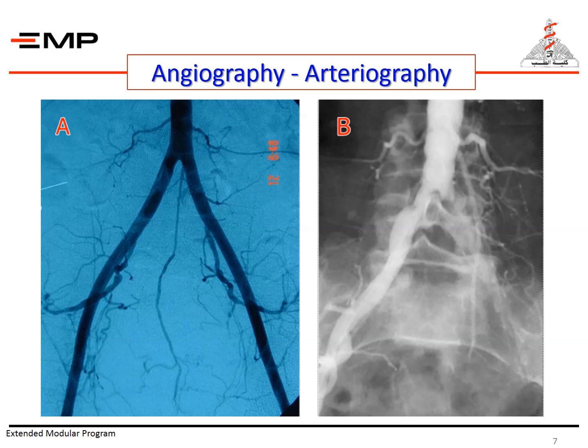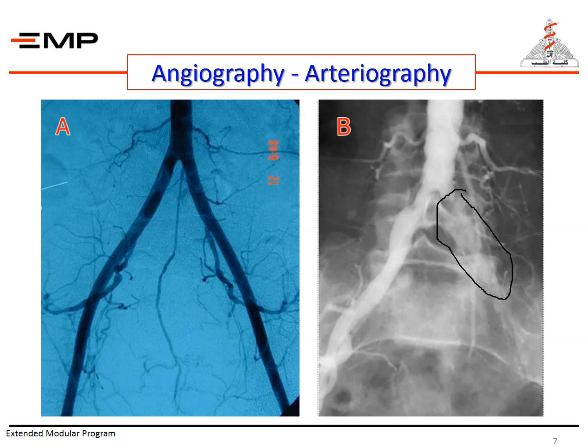Picture A shows an angiogram of a normal aortoiliac bifurcation. You can notice the smooth outline of the arteries. Picture B shows a diseased aortic bifurcation with occlusion of the left common iliac artery.